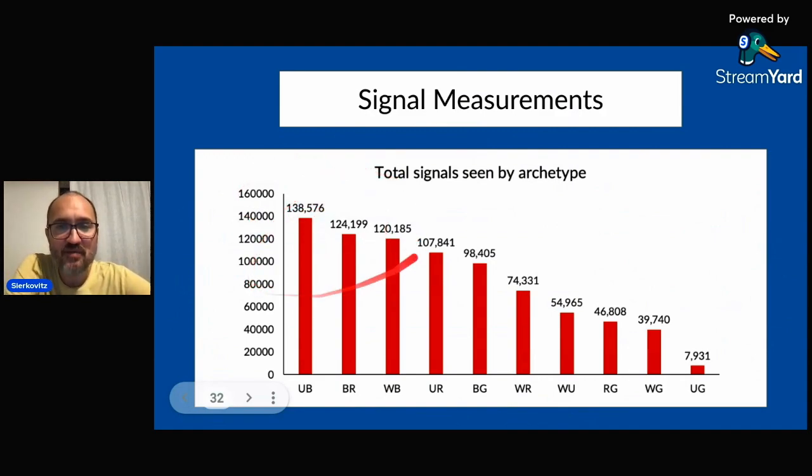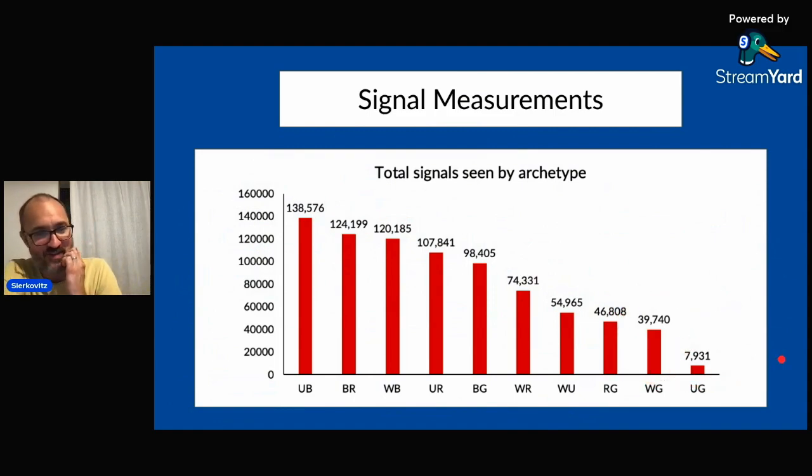Then there was black-red, 125,000, white-black with 120,000, blue-red, 108,000, black-green, 100,000, white-red, 75,000, blue-white, 55,000, red-green, 45,000, white-green, 40,000, and 8,000 of Simic signals.